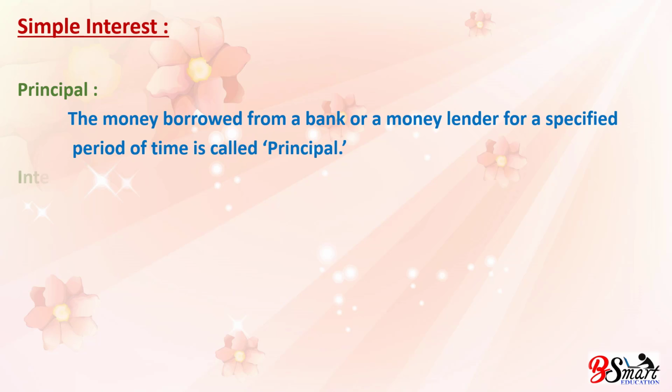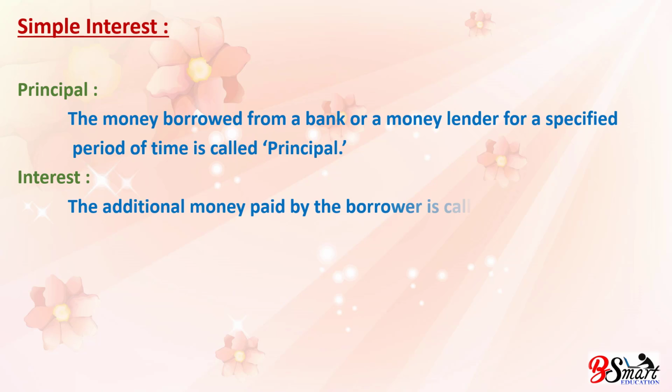Suppose this money would be used by the borrower for some time before it is returned. For keeping this money for some time, the borrower has to pay some extra money to the bank. This is known as interest. Now, proper definition of interest: the additional money paid by the borrower is called interest.